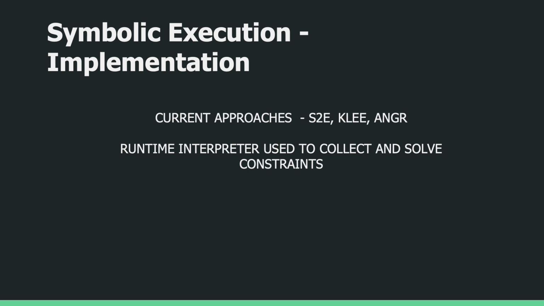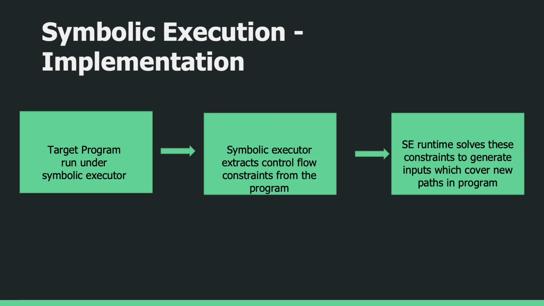Now they also have runtime interpreters which are used to collect and solve constraints. I've shown the flow of symbolic execution in this flowchart. We have a target program which has to be run under a symbolic executor. The job of the symbolic executor is to find new paths within a program, right? So it extracts the control flow constraints from the program.